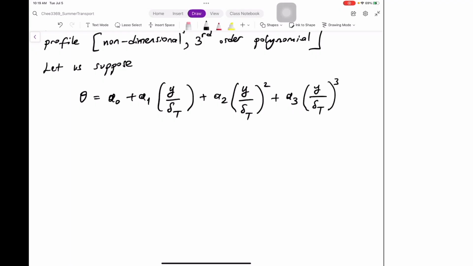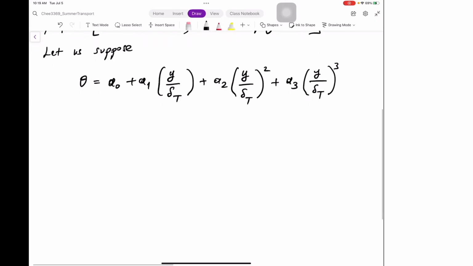We wrote it in this way so that a0, a1, a2, a3 are unitless. Let's write down the boundary conditions to learn more about the coefficients a0, a1, a2, a3. What can they be?